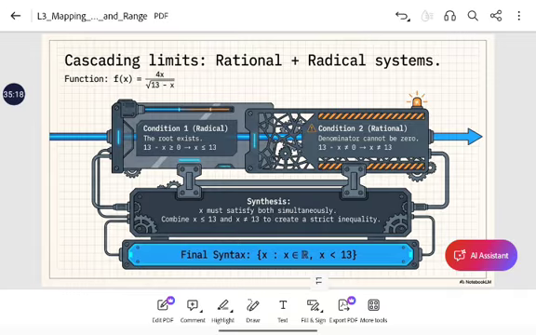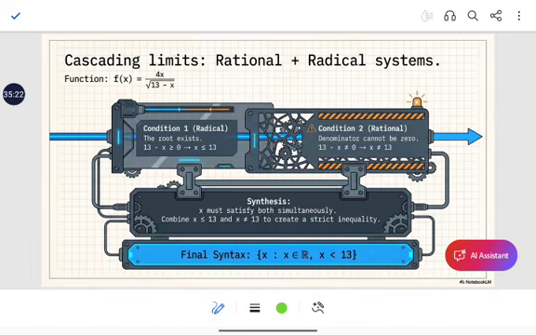So can we see what is happening here? For f of x, we have two types of functions coming together: a rational function and a radical. Okay, the fraction here makes it a rational function, and the square root here makes it a radical.